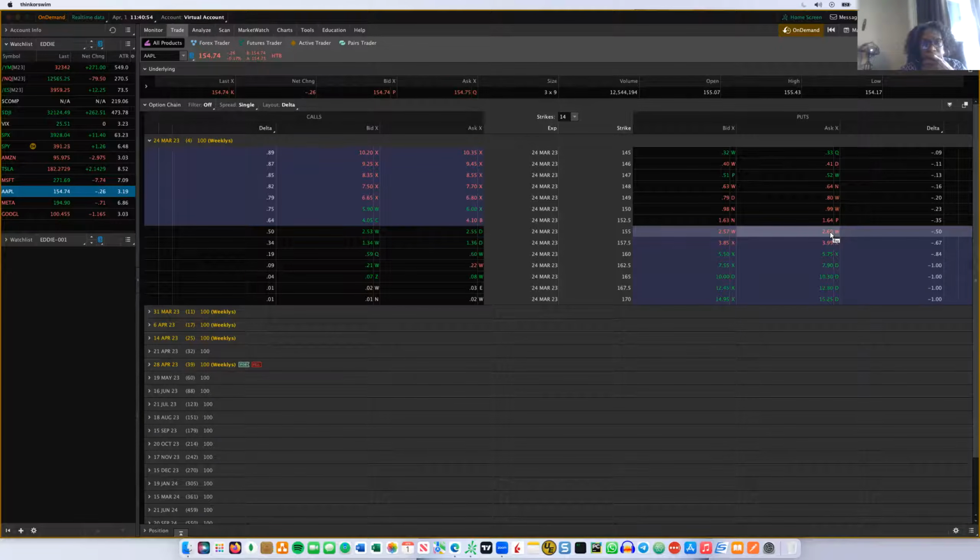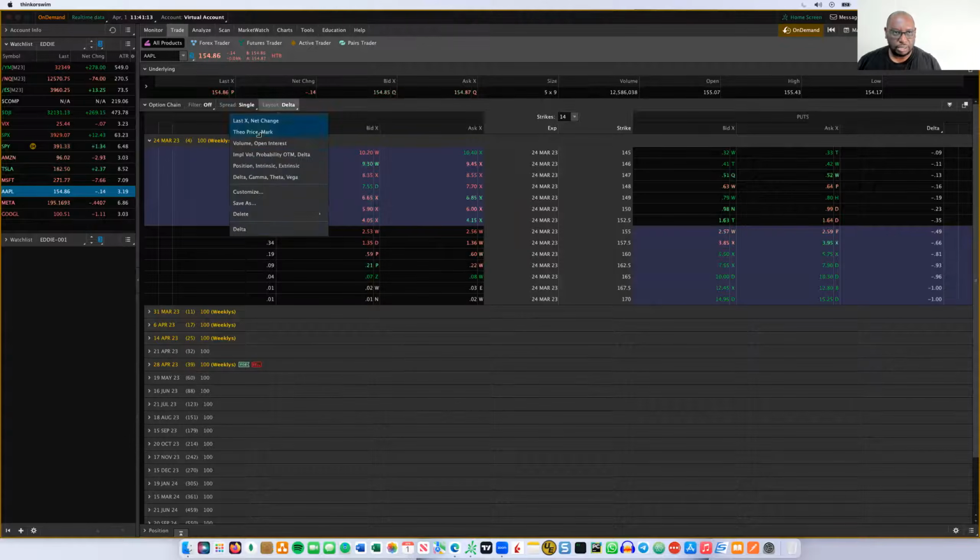Very little intrinsic value; most of its value is extrinsic. And we know that extrinsic value is what decays. Intrinsic value does not decay. Extrinsic value has to decay all the way to zero.